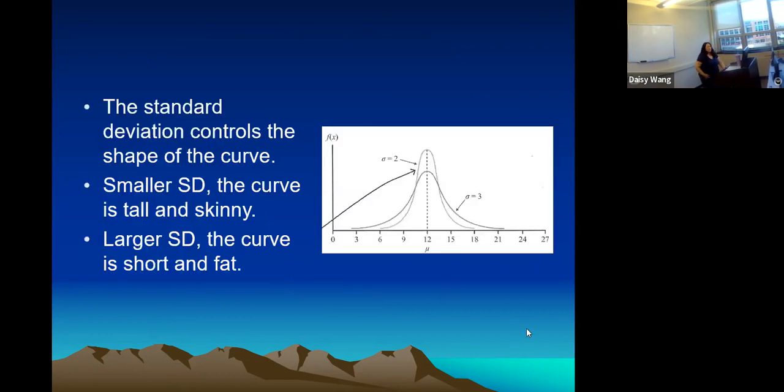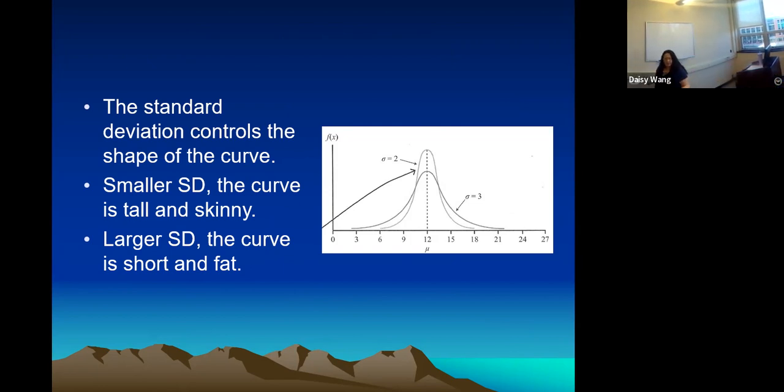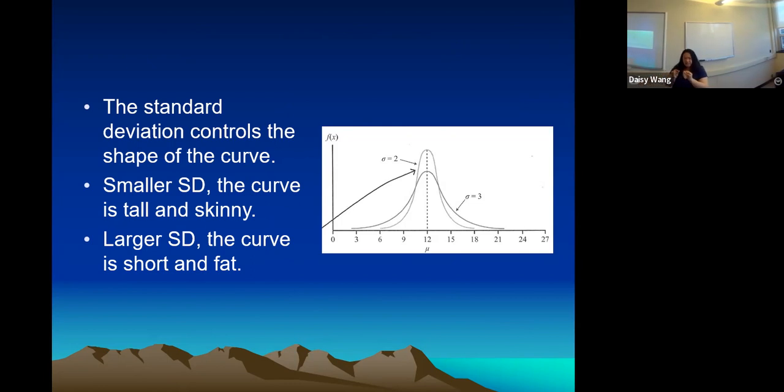So the standard deviation actually makes the shape look different. Do you remember how we calculate standard deviation? It's the distance of each number from the mean. So if the standard deviation is larger, the data is more dispersed. Like here, the standard deviation is 2, so the bell shape is more flat.